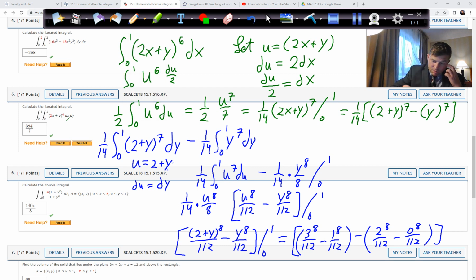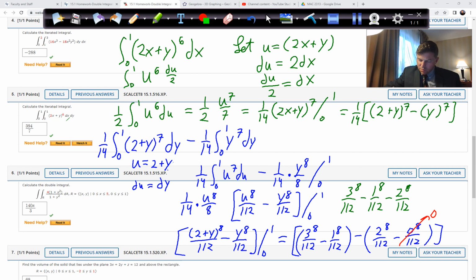Now that last term will go away, but you're going to have to take 3 to the 8th over 112, 1 to the 8th over 112, 2 to the 8th over 112, and subtract them and add them properly. And if you do that, you're going to end up with 3 to the 8th over 112 minus 1 to the 8th over 112 minus 2 to the 8th over 112.